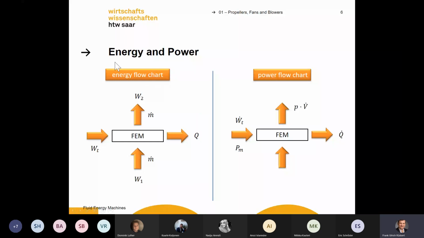Okay, what is a big difference? We can have energy, and we can have energy flow, and we can have also power and power flow.